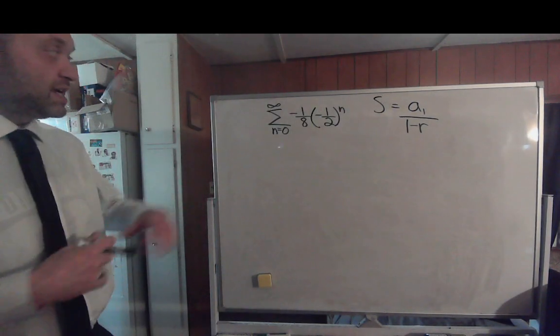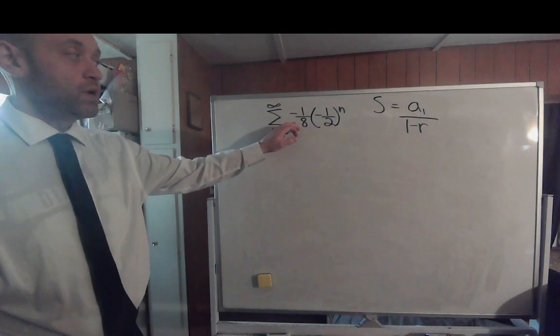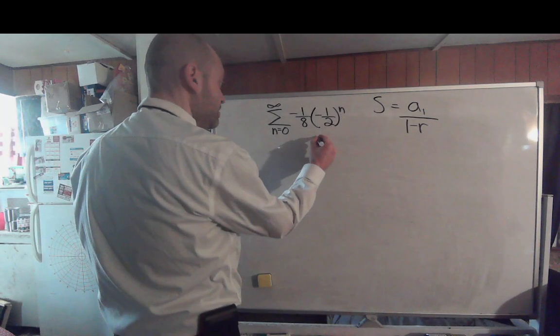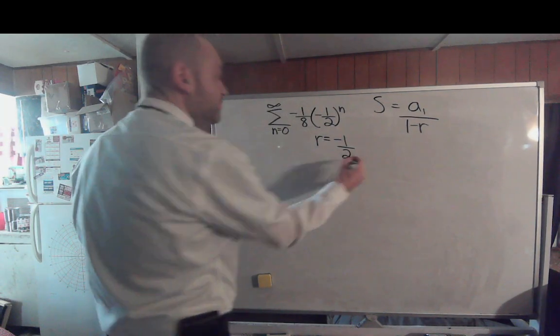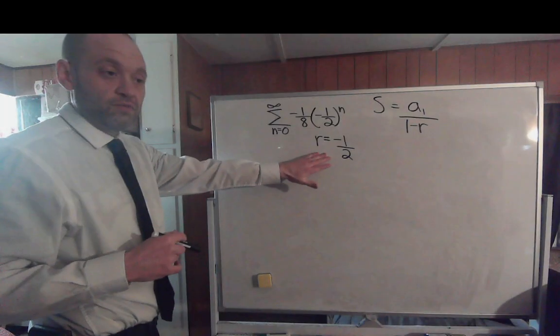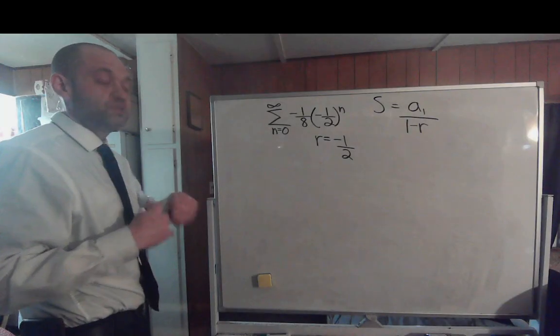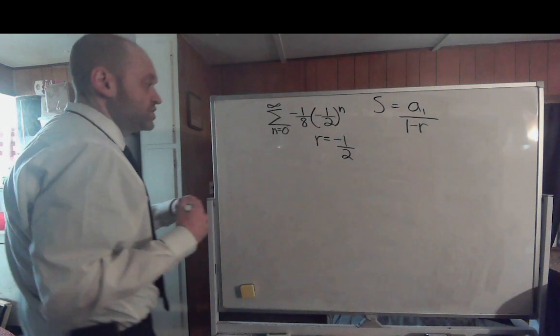So we have the infinite geometric series, the sum of that of -1/8 times -1/2 to the n. Look at your common ratio. Your common ratio is -1/2. Well, if you take the absolute value of -1/2, it's 1/2, which is less than 1, right? So this series will converge into a finite answer.